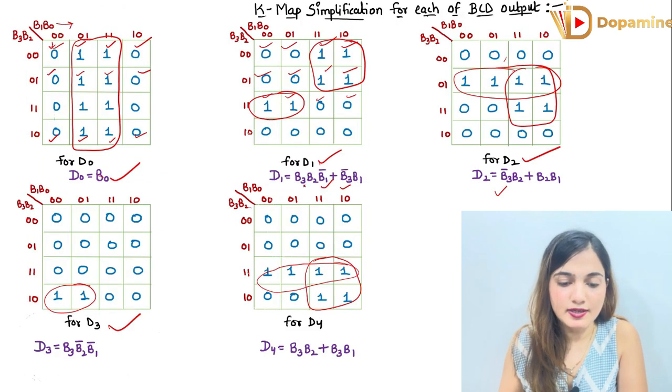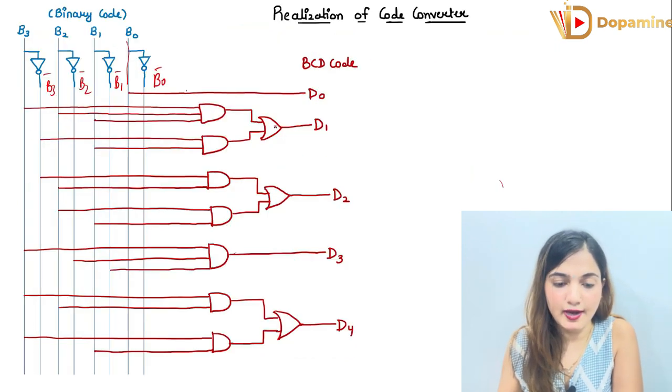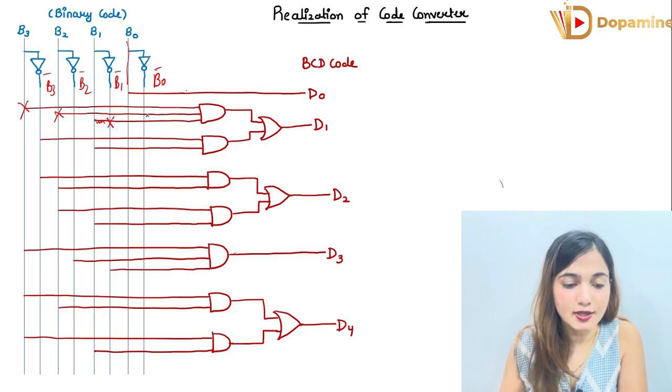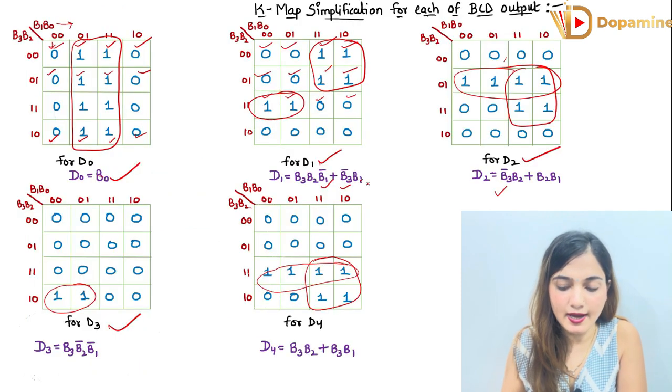Then what is D1? B3, B2, B1 bar. So we took B3, we took B2, we took B1 bar. From here we'll be making this connection, not here. We connected them in the AND gate, so we will be getting B3, B2, B1 bar here. And in the next AND gate we'll be getting B3 bar, B1.